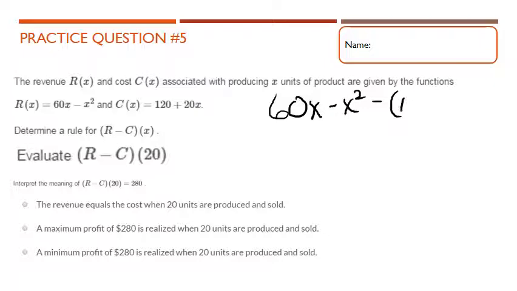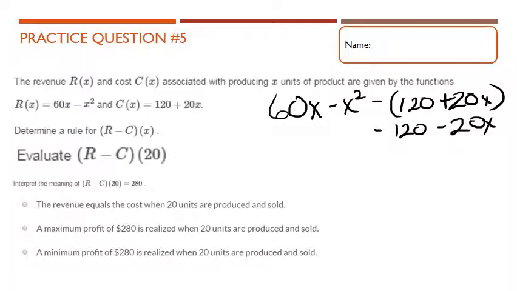All right, so the c is 120 plus 20x. Distribute, so that gives you a minus 120 minus 20x. All right, combine your like terms, so we get a negative x squared, and then you got your x's. So 60x minus 20x gives me a positive 40x, and then you've got your minus 120.